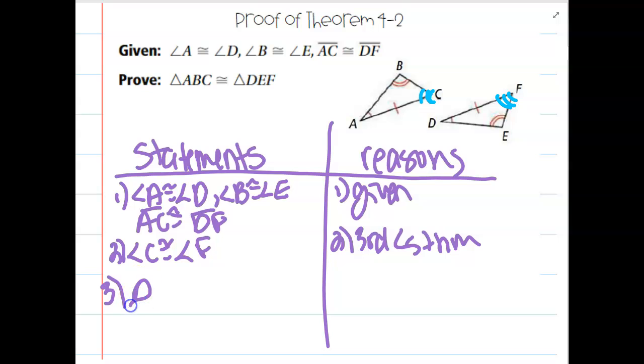So we could say that triangle ABC is congruent to triangle DEF because of angle, side, angle. So now that we have proved this, we have 4 ways to prove triangles are congruent. Side, side, side, side, angle, side, angle, angle, side, and angle, angle, side. 4 ways, okay?